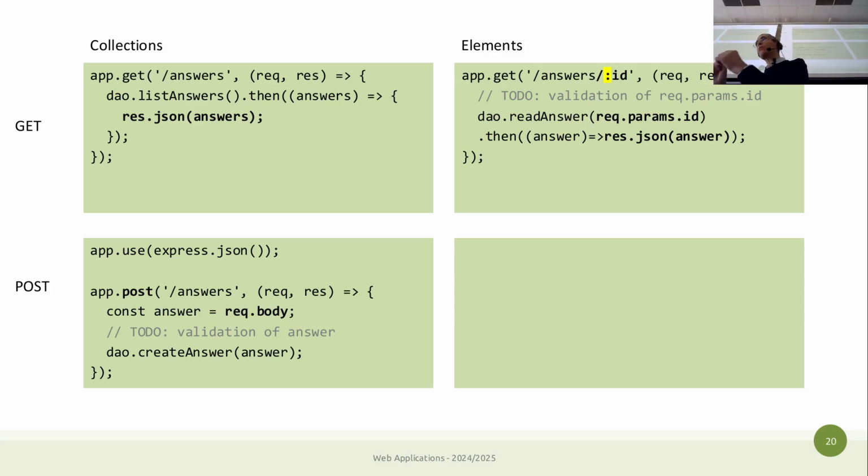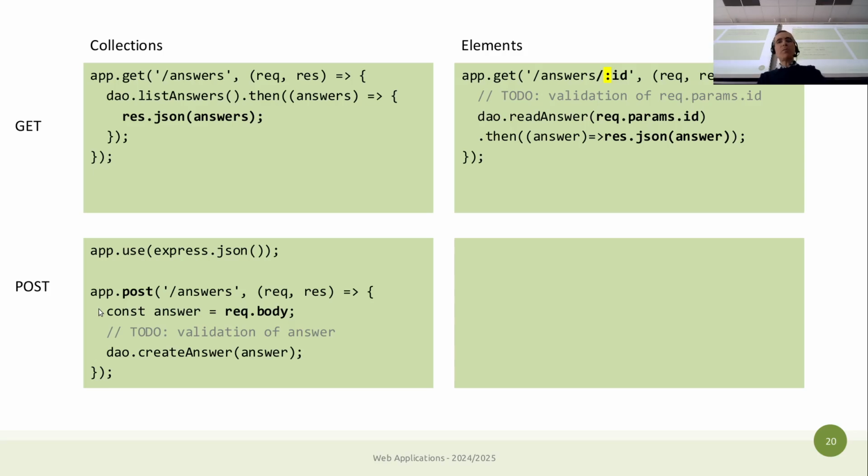You remember to use the question mark, and then we pass the ID as a parameter that will be mapped on the question mark. Then we get the answer from the database again as a promise. Answer, res.json(answer). Easier, right? We don't have to parse the URL. Express is there for helping us.